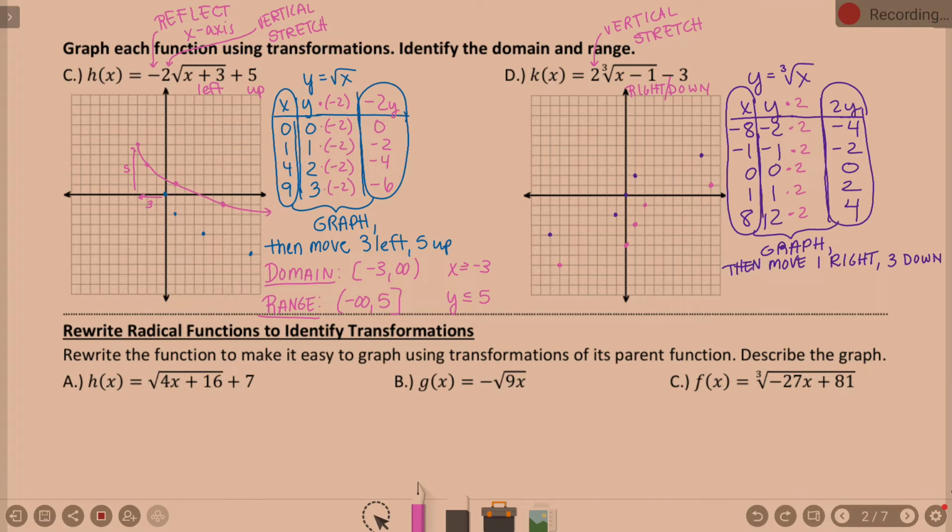And then you're connecting your new points, looking something like that. This one we only multiplied it by 2 because there was just a stretch, no reflection like yesterday. So it stayed facing the same direction.